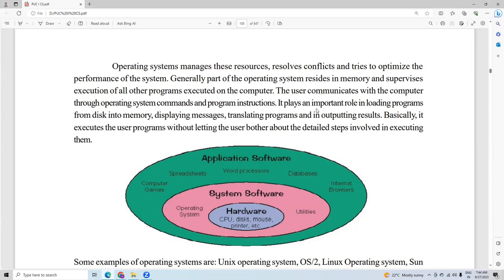See, for example, in a bank, a manager; in a school, the principal or headmaster, right? These people play a very important role. In a bank, the manager will see to it that the bank operations move properly, right?